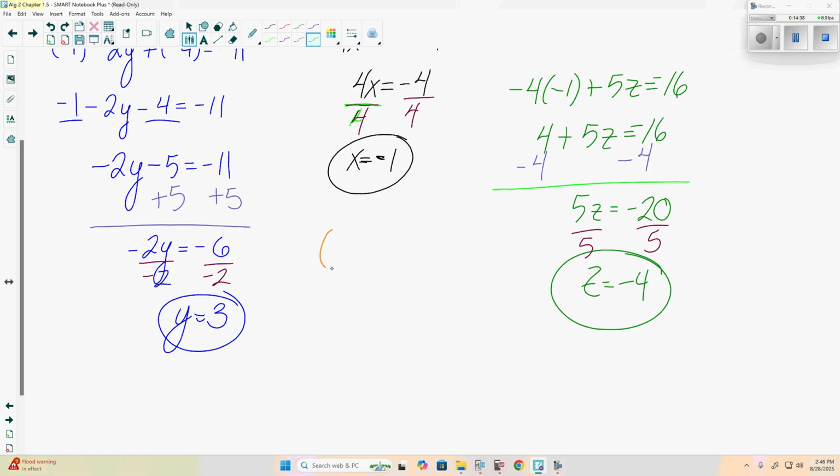So our solution is the point negative 1, 3, negative 4. Questions on this here?